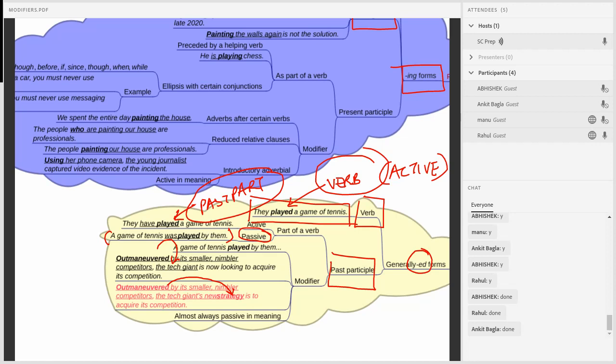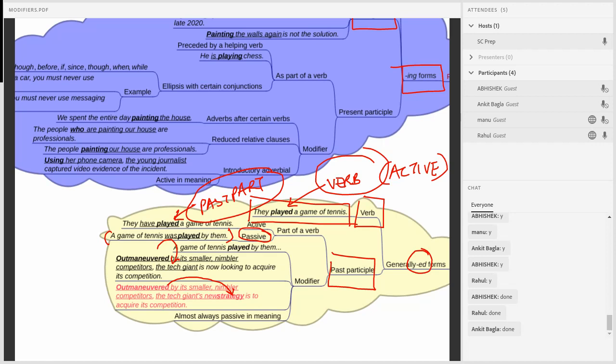There are some exceptions, but they are very few. So we don't even bother discussing the exceptions. So if you say I asked many doubts, or he asked many doubts, you are in the active voice. So your ed will almost certainly not be a modifier because past participle modifiers are almost always passive in meaning. Okay, all right.